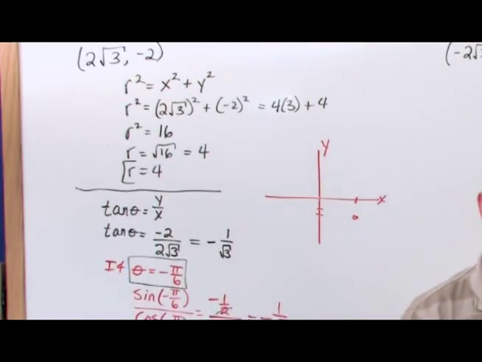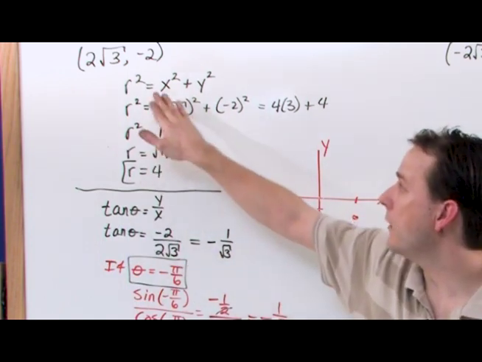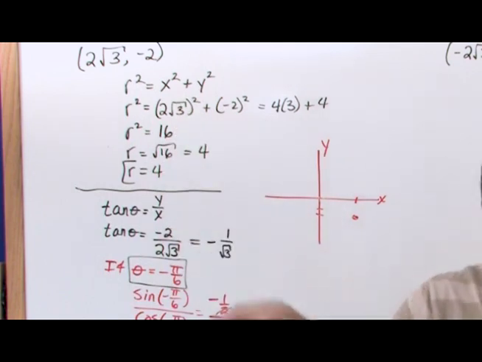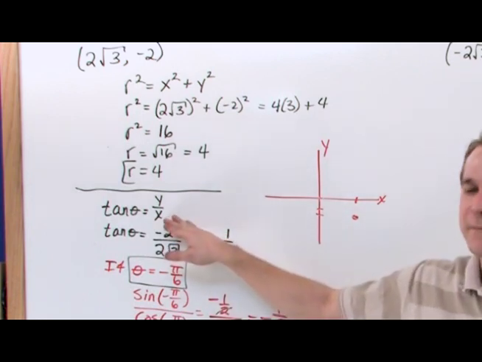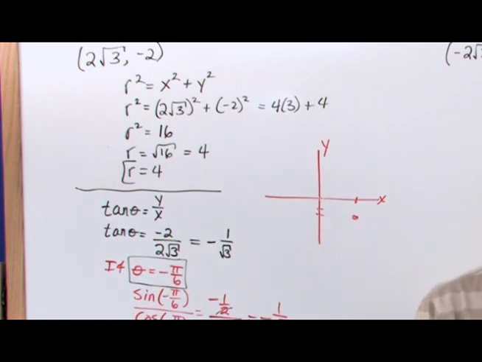So we're going to go through the math in a minute, but because of the way we have defined r as x squared plus y squared, I think you can convince yourself, we'll do it in a second, I'm not shortcutting you here, you're going to get the same value of r, okay? So that part's okay. And then when you come down to this tangent, you're going to be dividing y by x, you're going to be dividing the same numbers, it's just that in this case, a different one is negative than in the previous problem, but because you're dividing them, you're still going to get negative 1 over square root of 3, okay?